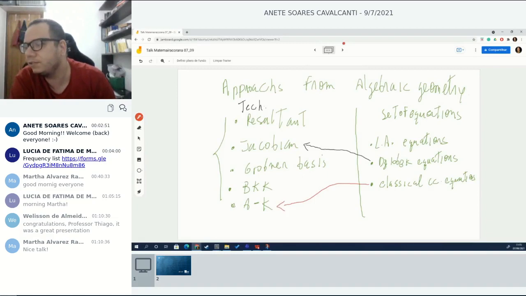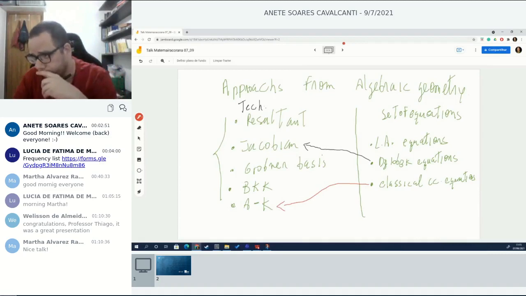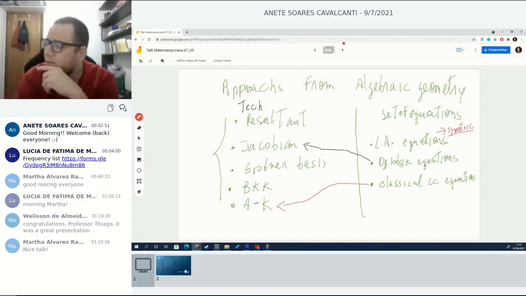Albouy and Kaloshin showed that their approach is very efficient with the classical CC equations. Then, in my experience, in this symmetric case, the Laura-Andoyer equations are a good set to work with symmetric central configurations.